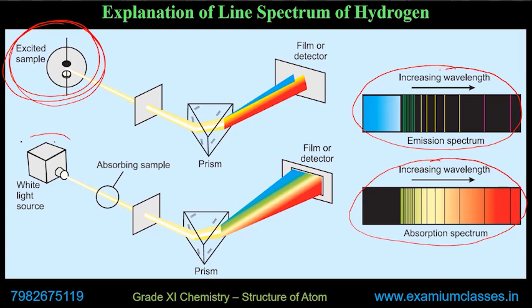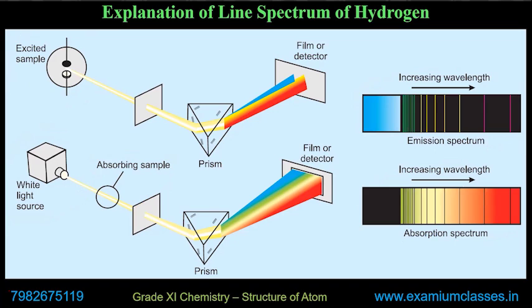If we are using a source of white light, meaning everything is there, and it absorbs some frequencies, then this is known as an absorption spectrum. Don't get scared of this experiment. This is very simple. What happens here?